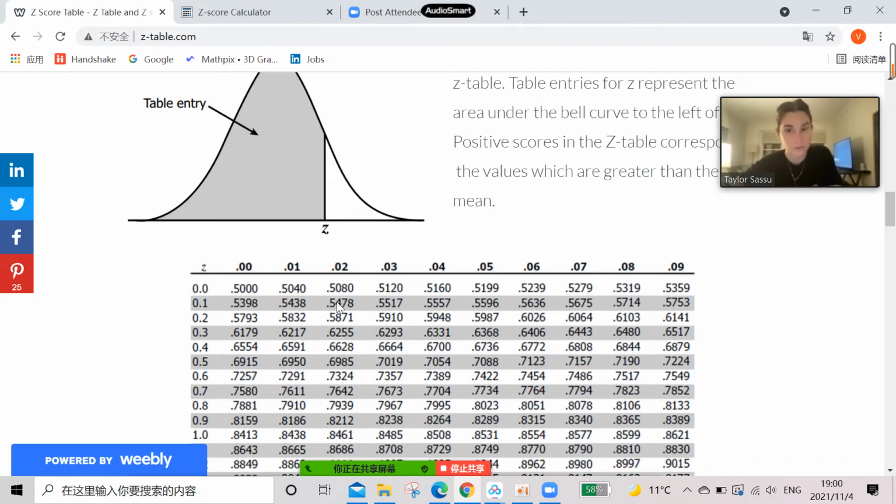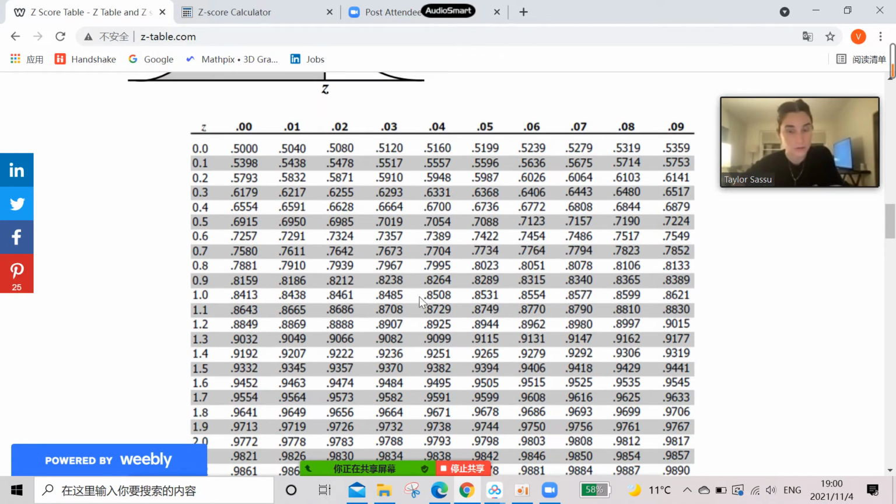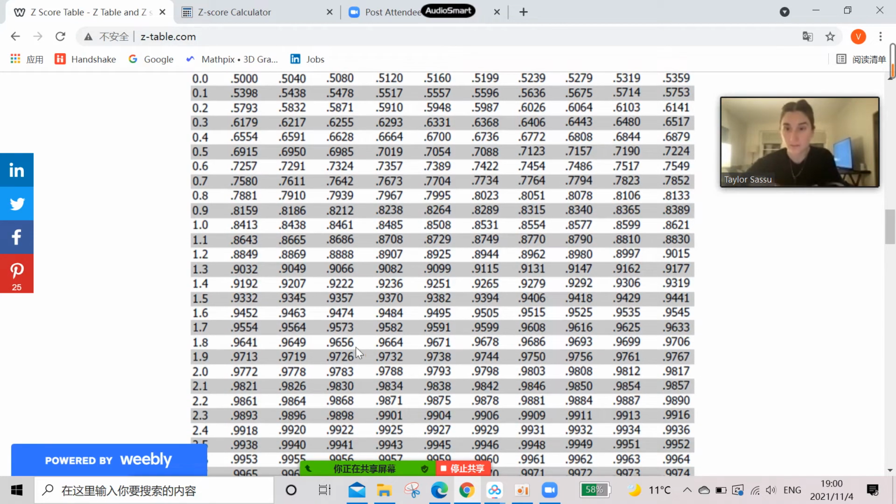If that's a one-tailed test, you should find, all the way in the middle, there are a lot of numbers, and you want to find a 0.95, right? Here you see there is a 0.9495 and also a 0.9505 in the middle, in the line of z equals 1.6.